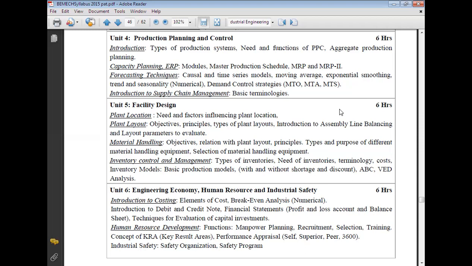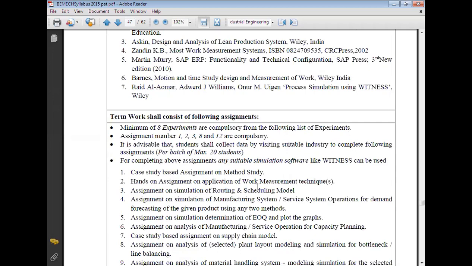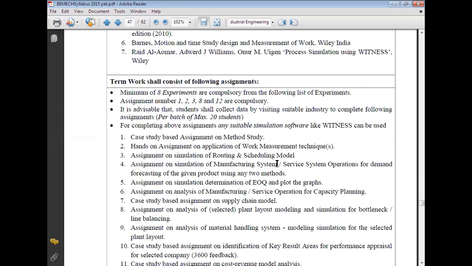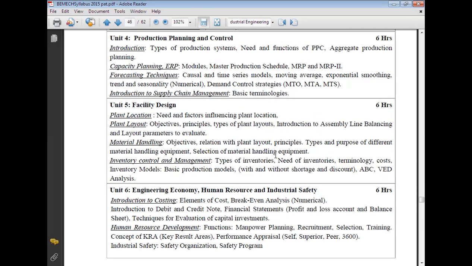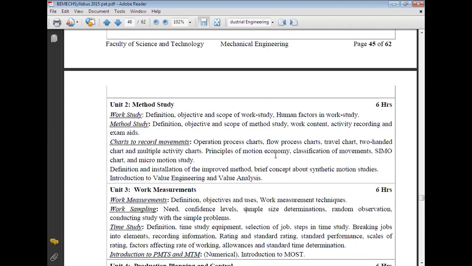Performance appraisal, self, superior, peer, 360 degree, that is what we will be seeing. And the last, industrial safety and safety organizations, safety programs that we are going to observe. Term work you have already submitted, so we will not be going to discuss this term work part. So that is for this.